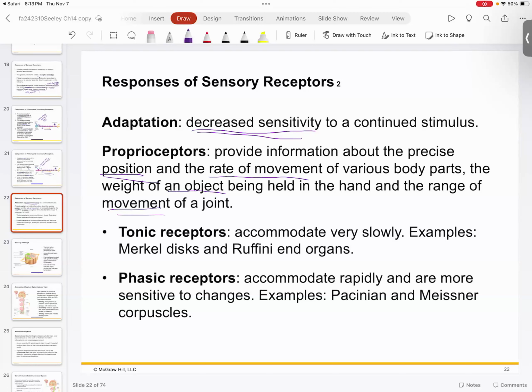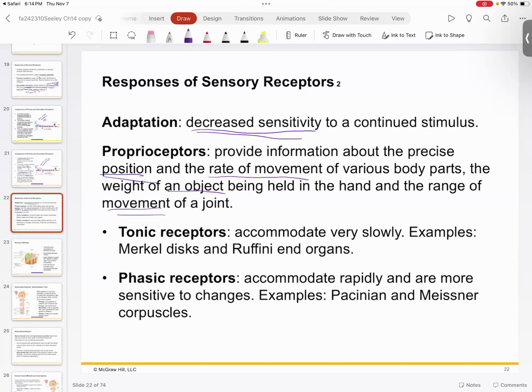Notice this is all basically parameters of the things that are happening in your joints in particular, usually. So it's not just position, but movement, like your ability to sense that one object is heavier than another. That's proprioception.